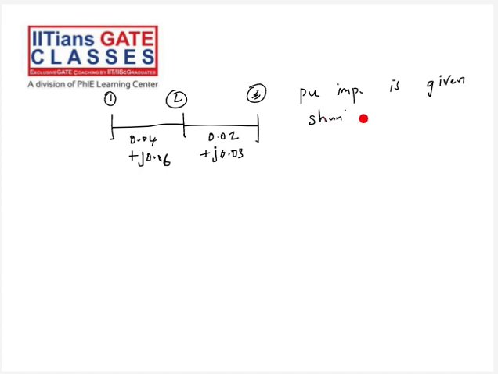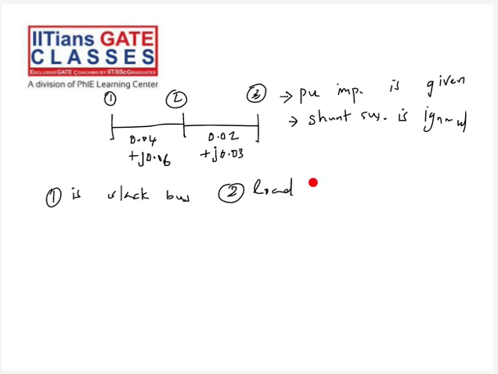Then we are given that bus 1 is the slack bus, 2 is the load bus, and 3 is the generator bus, the PV bus, right? And we are also given V1 as 1.05 angle 0.